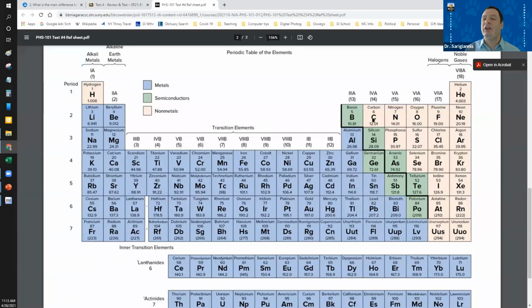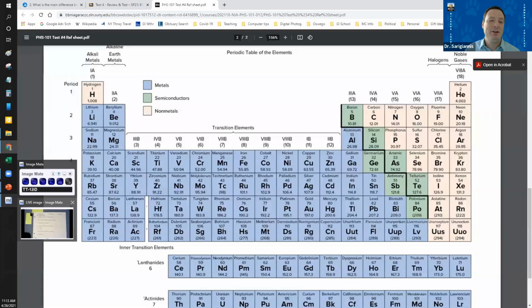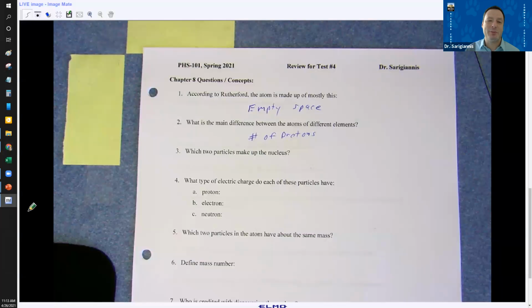You can have a different number of neutrons and you're still going to be carbon, just a different isotope of carbon. And if you change the number of protons, that changes the actual properties of the material and makes it a different element altogether. This is why alchemists could never turn lead into gold, because they could never manipulate the number of protons.